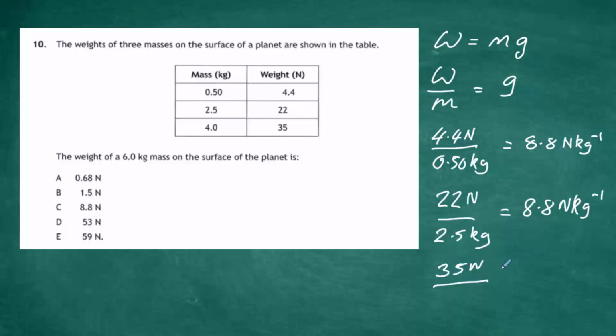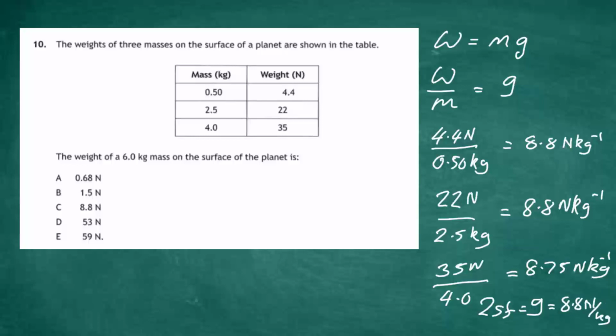We divide it by the mass, which is 4.0, and that should give us the gravitational field strength, but in fact it gives an answer of 8.75 newtons per kilogram. But to 2 significant figures, we can confidently say that the gravitational field strength g for that planet is going to equal 8.8 newtons per kilogram. So we're quite happy with that.